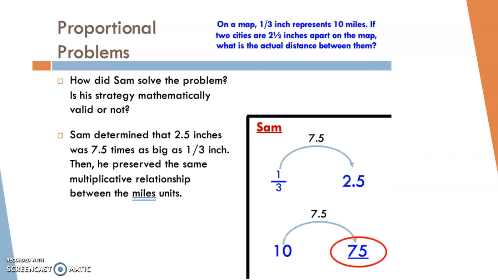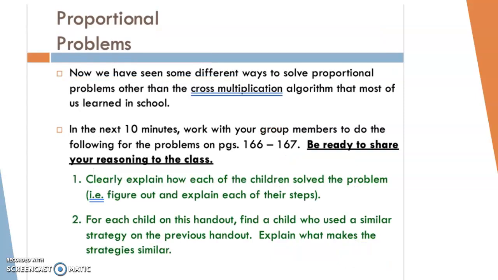Sam solved it a different way. So hit pause. Sometimes it's helpful to reread up here before you read the strategy that Sam used. So hit pause. Make sure you're understanding this as well. So we've seen different ways to solve proportional problems other than just cross multiplication algorithms. Okay. So again, next 10 minutes, you can continue to work using your workbook.